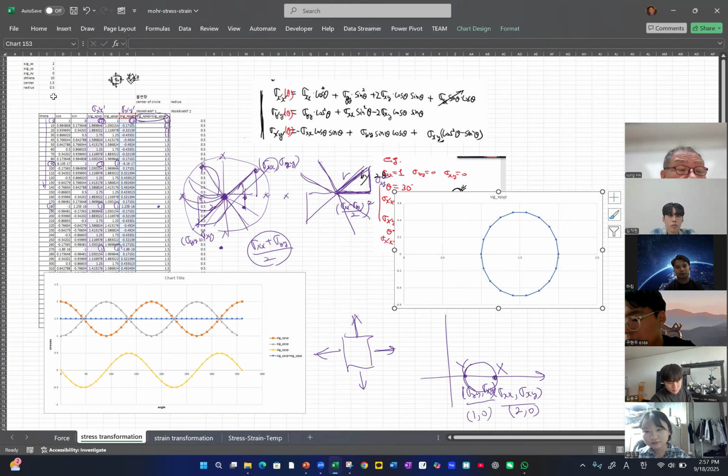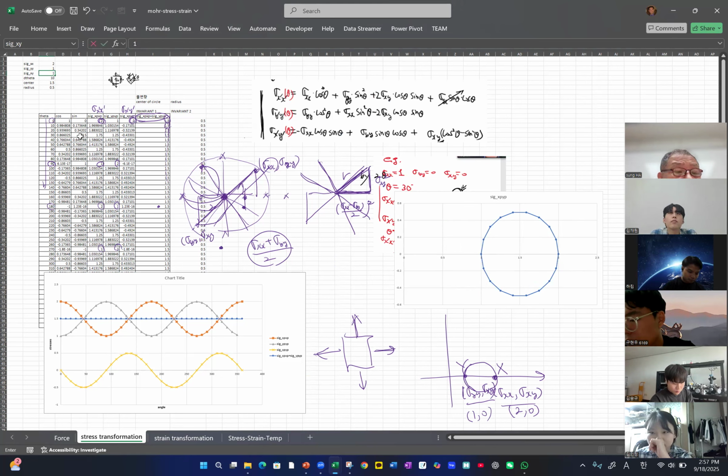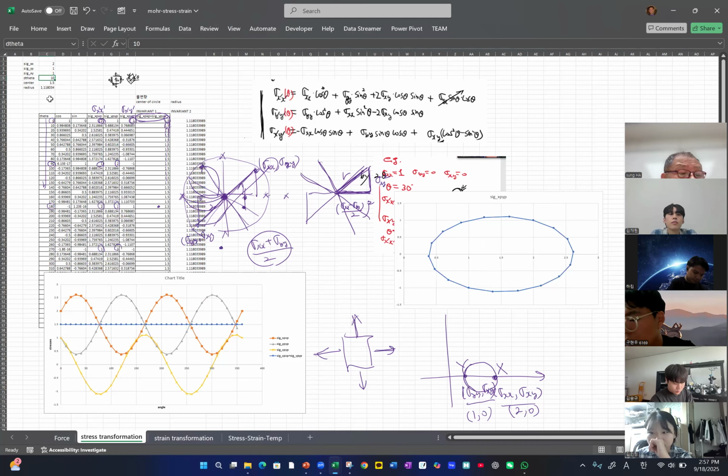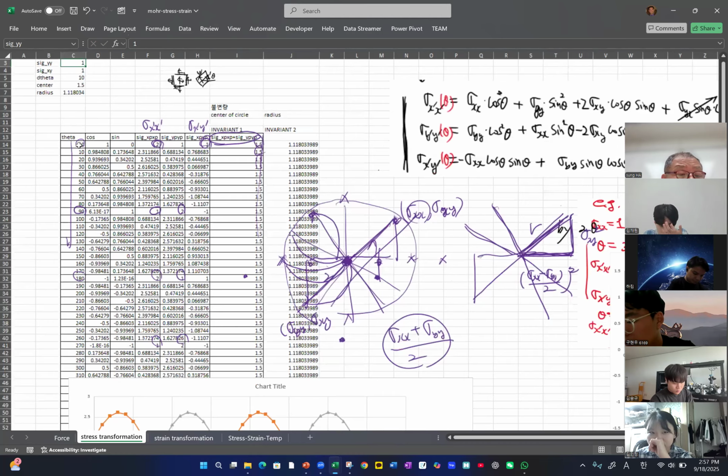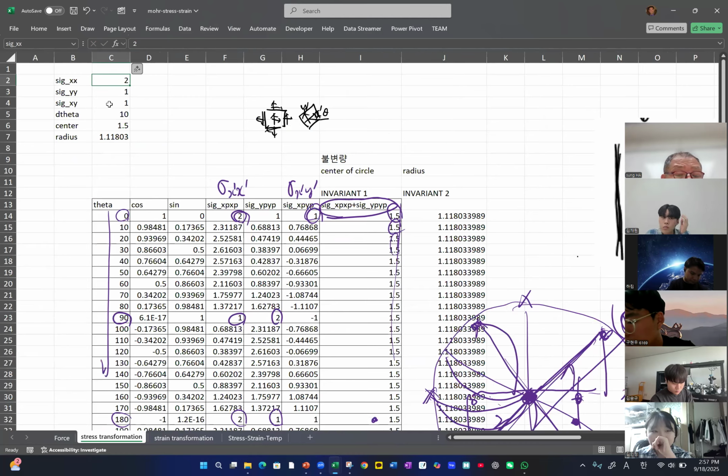And if we have another term, you can simply follow that. Now, one thing here, if we have 2, 1, 1, let's try to plot. 2, 1, 1. What is x?